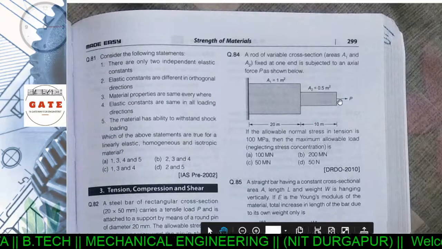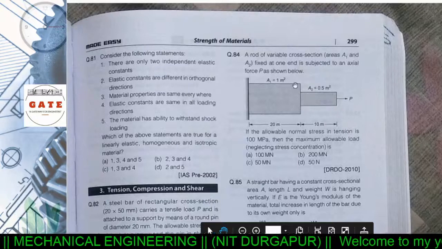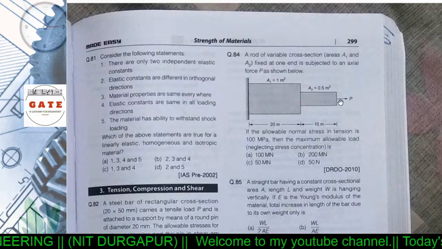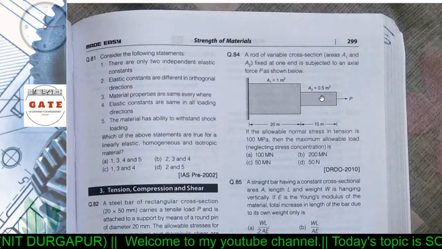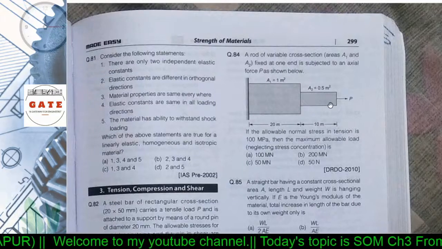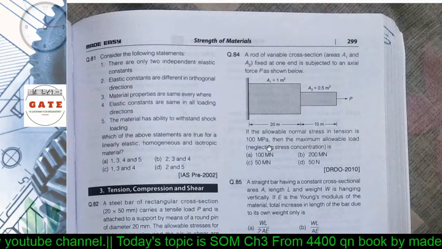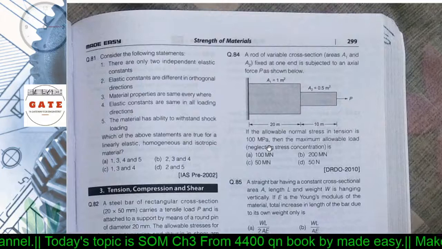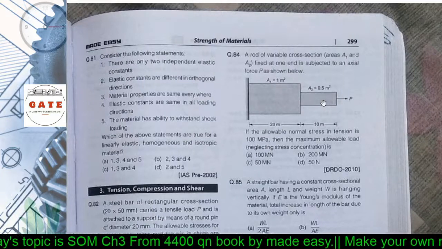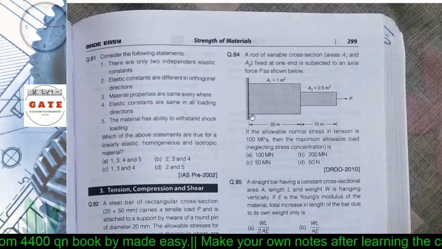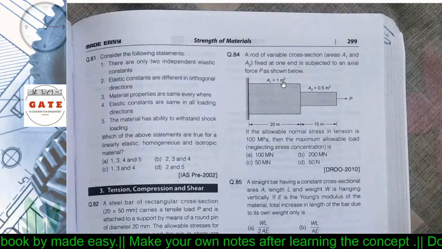See for this case there are two bars in series. Okay, for the first bar we apply load P here. So P divided by area will be the stress. So allowable stress is given to be 100 megapascal. So for this, 100 into area will give you P1, and for this, the area is 1 meter square.